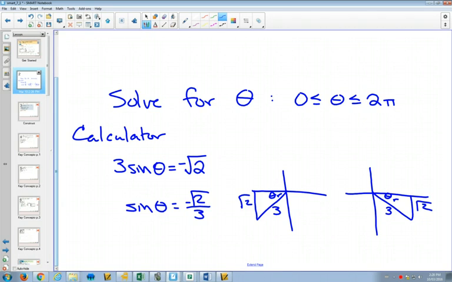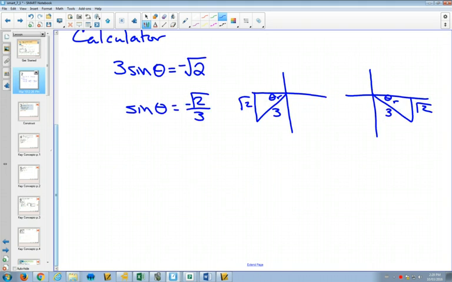If I wanted to find that reference angle, I just have to use SOHCAHTOA. I have the opposite side of the reference angle. That's positive root 2. The hypotenuse is 3.